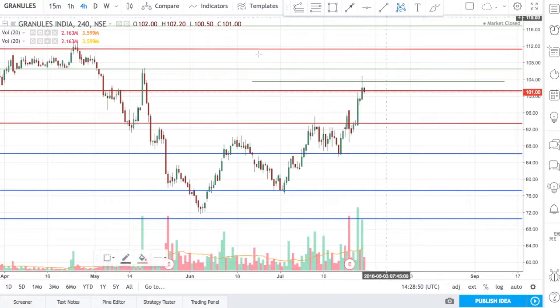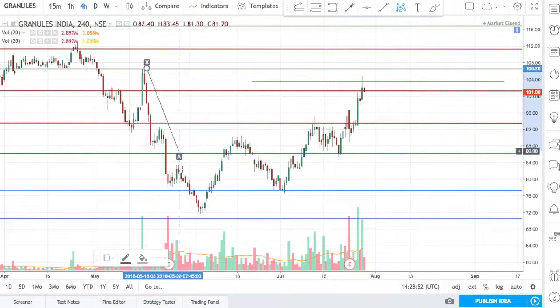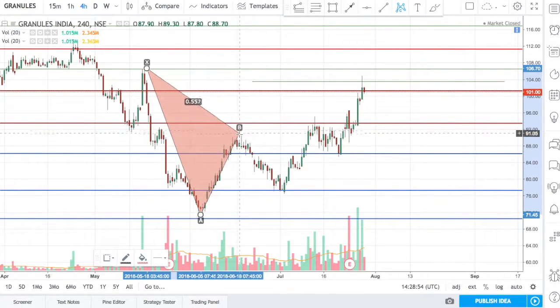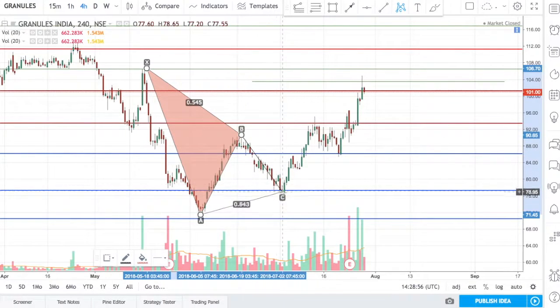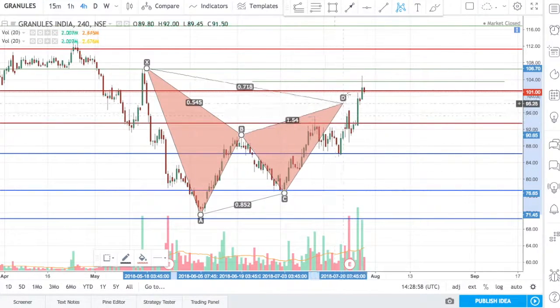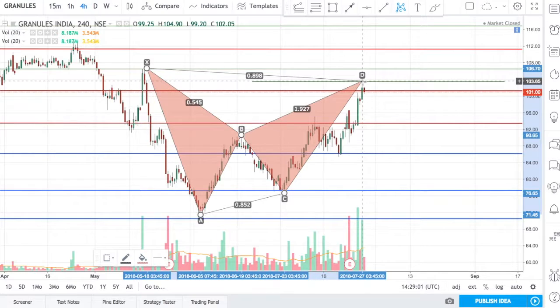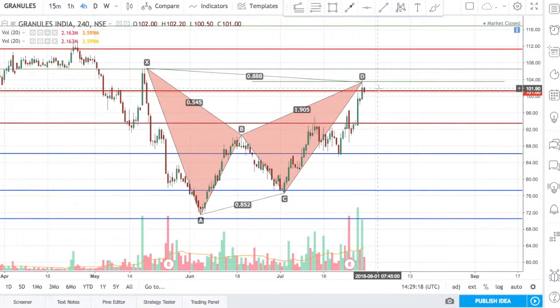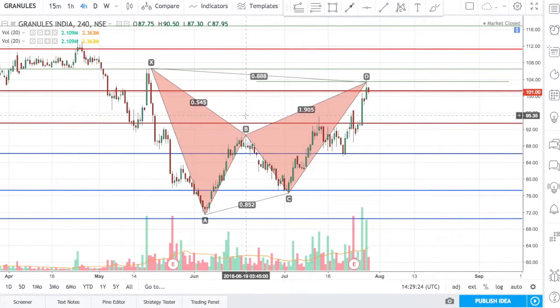Now let me draw the bat pattern for you once again, and our completion. This is our completion point. This is the bat pattern on Granules.